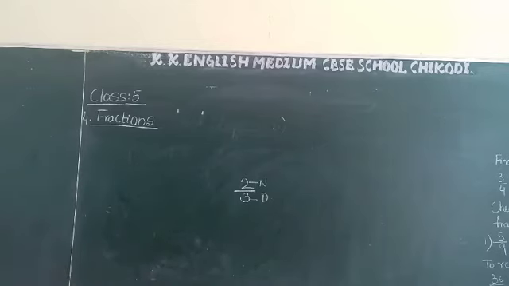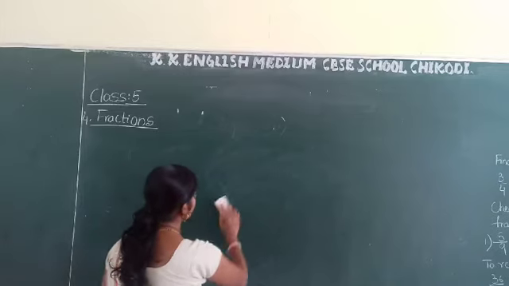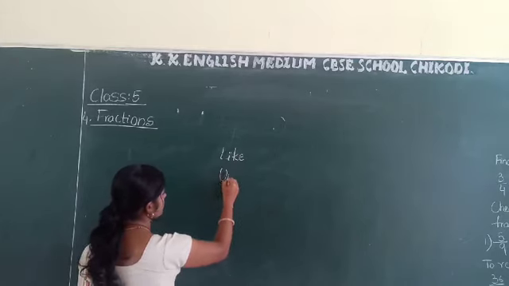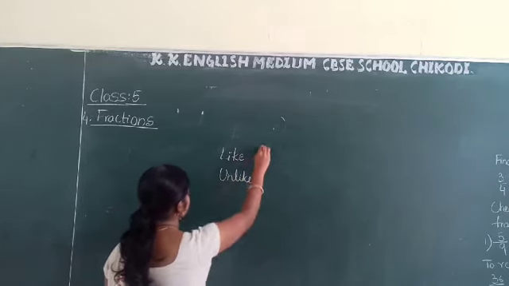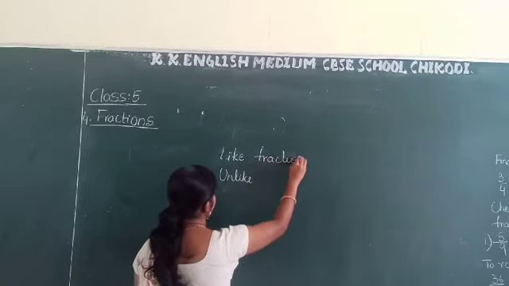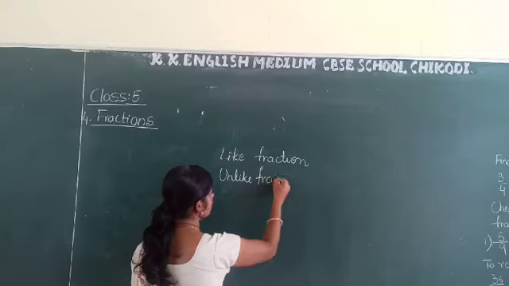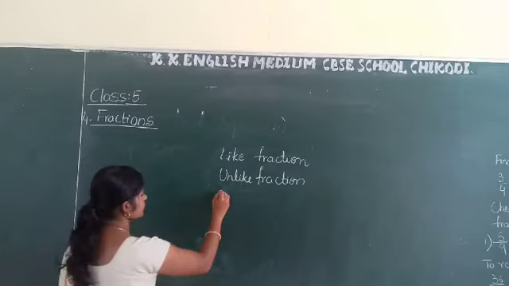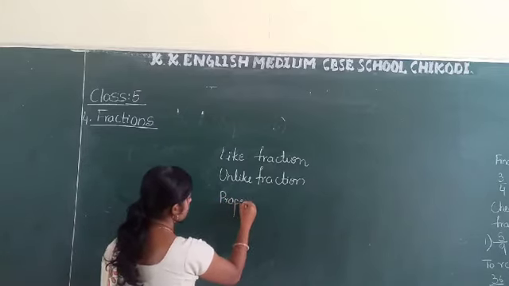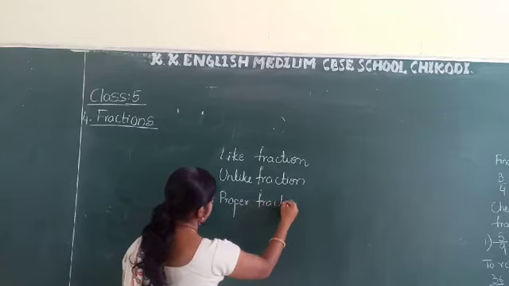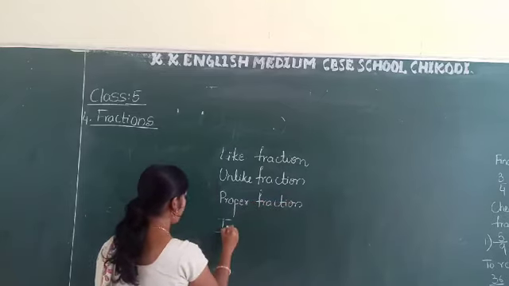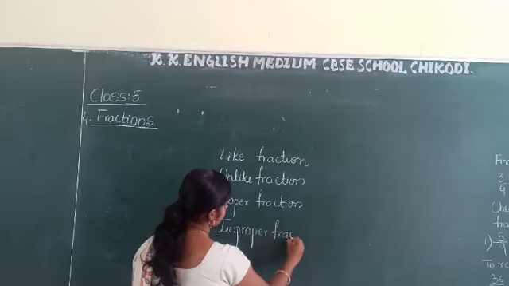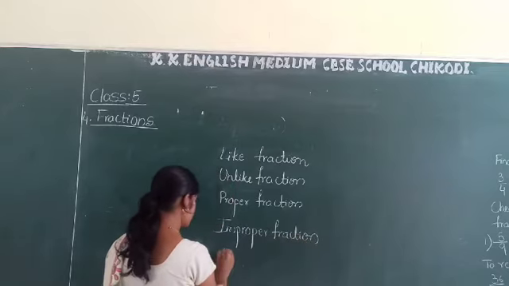Here there are 5 types of fractions. First one is like fraction, second one is unlike fraction, after that proper fraction, very important fraction, after that improper fraction, after that mixed fraction.